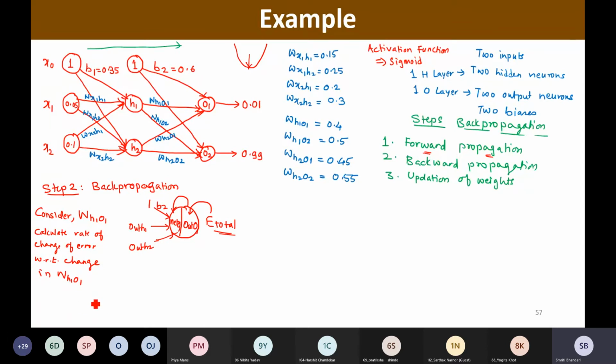So obviously I need to consider the partial derivatives here. We are going to make use of gradient descent, so we need to make use of the partial derivatives. What we want to compute is delta E total, the partial derivative of my error with respect to the change in this weight WH1O1.